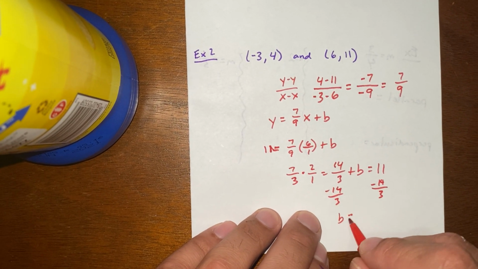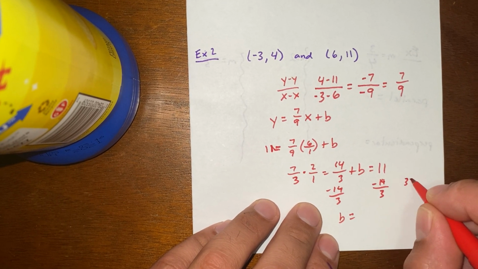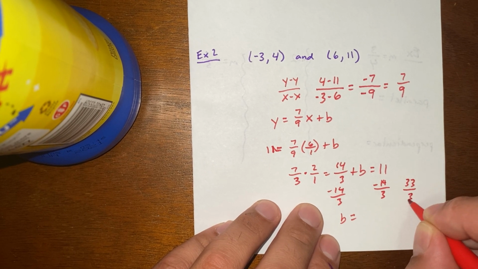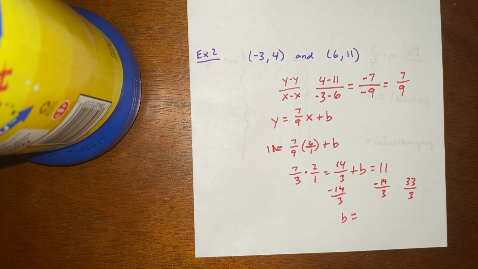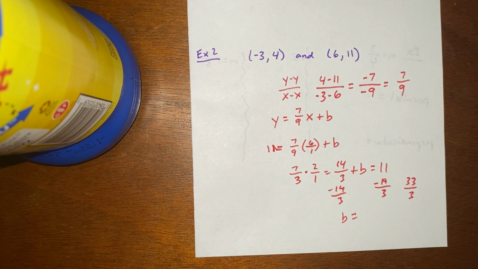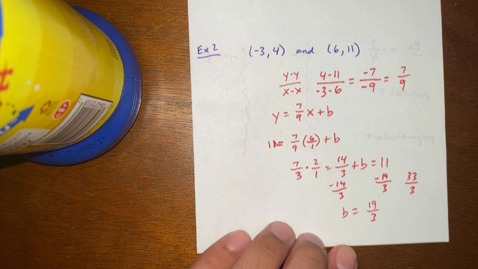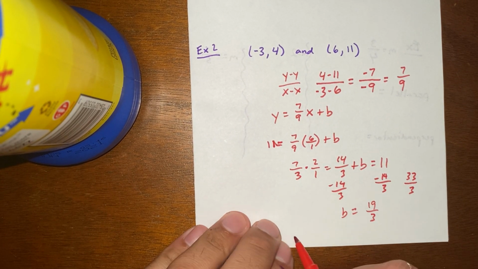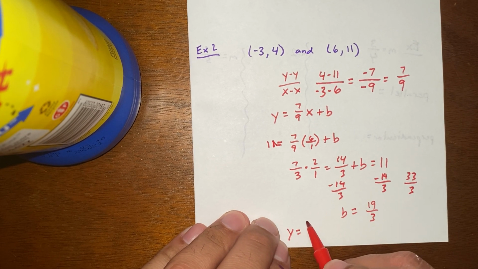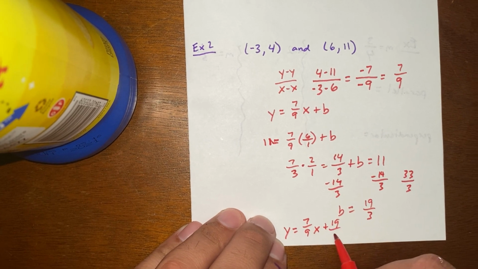So I have b equals, I have to change 11 to a mixed number, so that's 33/3. 33 minus 14, let's think about that, that would be 19/3. So my equation is y = 7/9 x + 19/3.